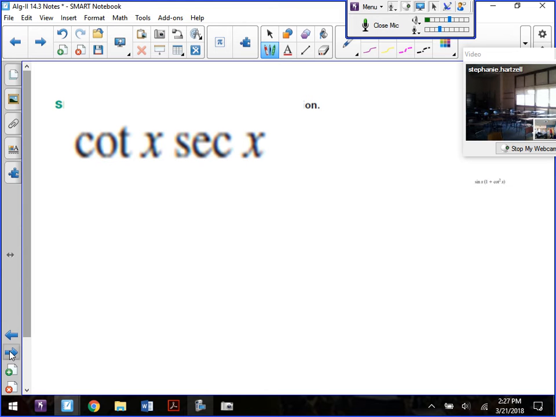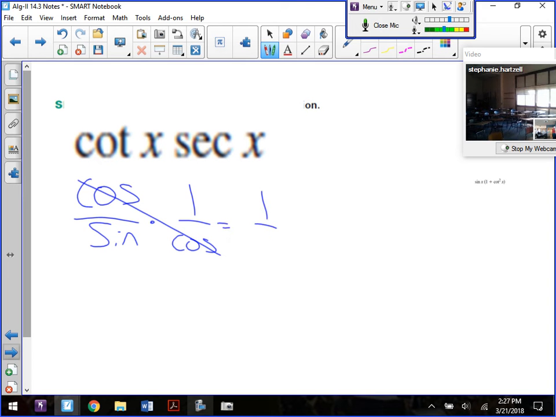Cosine over sine. Secant is what over what? 1 over cosine. What drops? Cosines. Is the sine wearing a flotation device? No, which means it is 1 over sine, which is otherwise known as cosecant.